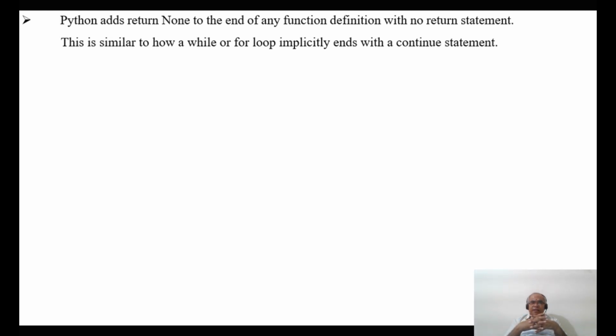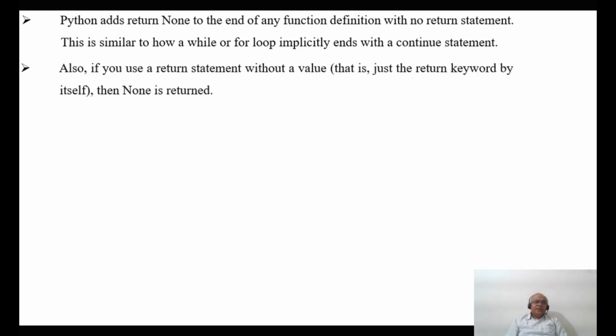Similarly, when Python adds return none to the end of any function definition with no return statement, the value returned is none. Also, if you use a return statement without a value, that is just the return keyword by itself, then none is returned.